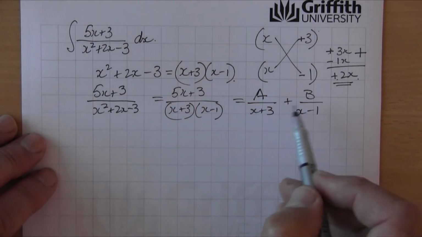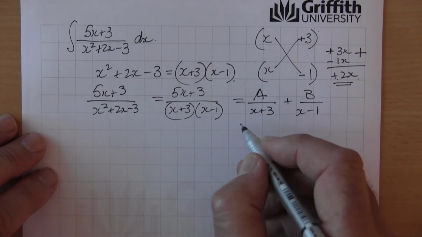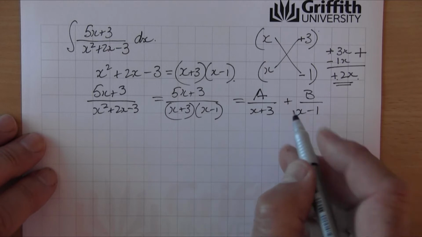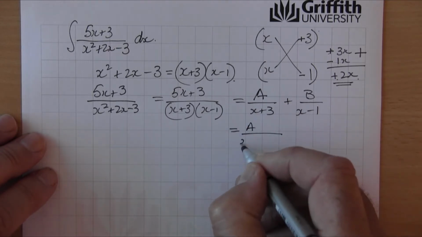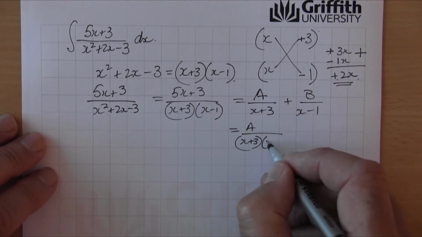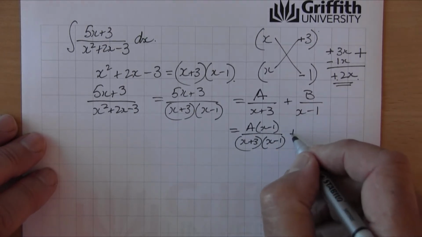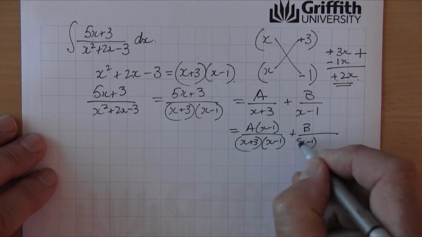And how do you add partial fractions? If you go back to one of the previous little lessons I did, we make the denominators the same. So we've got a over x plus 3. To make the denominators the same, we multiply top and bottom by x minus 1, plus b over x minus 1.